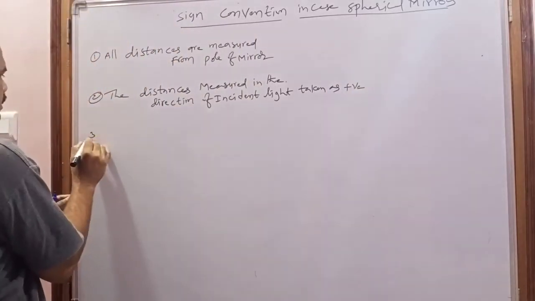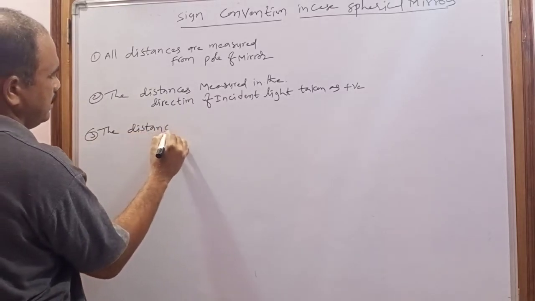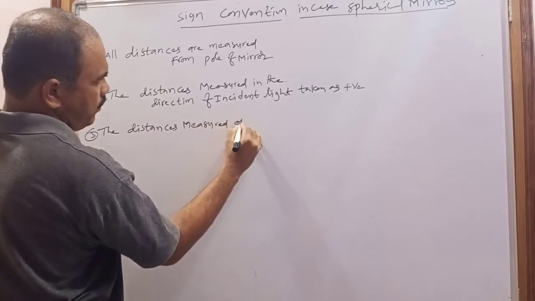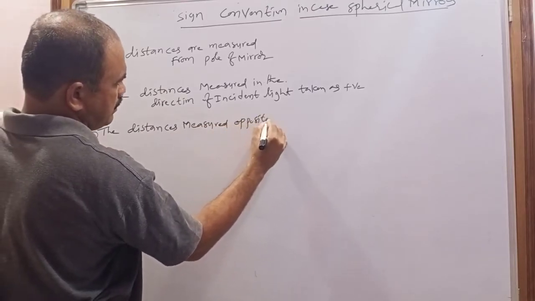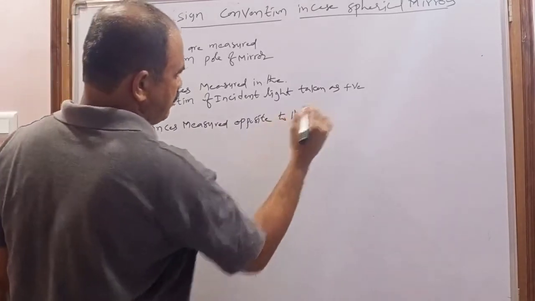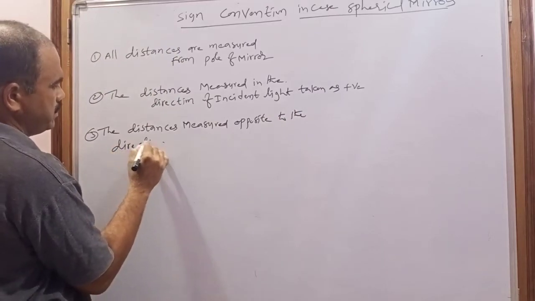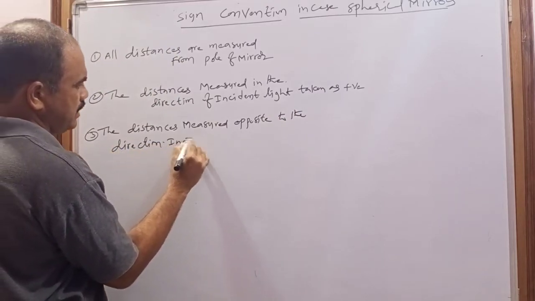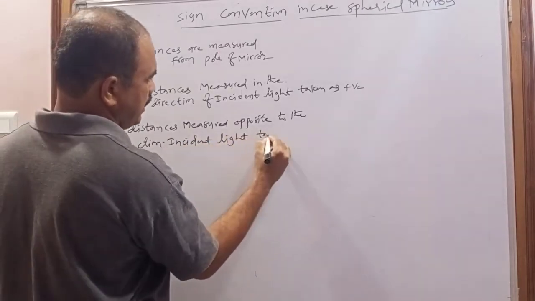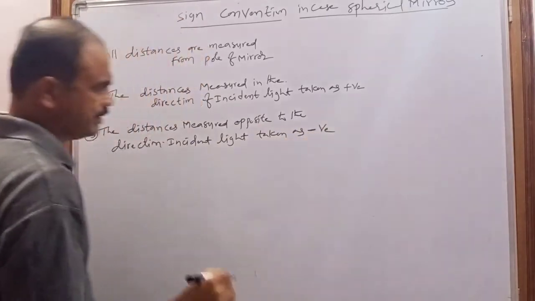And next, the third one: the distance measured opposite to the direction of incident light is taken as negative. Minus, positive means plus.